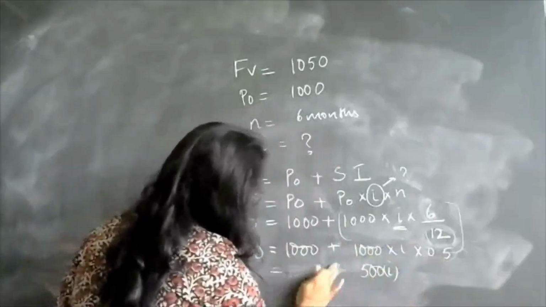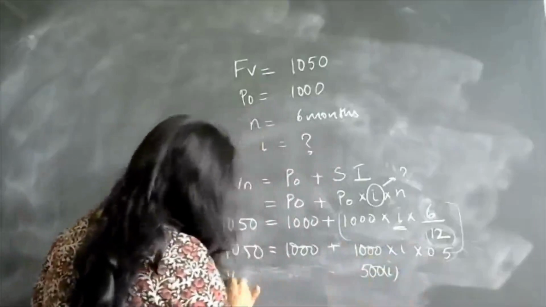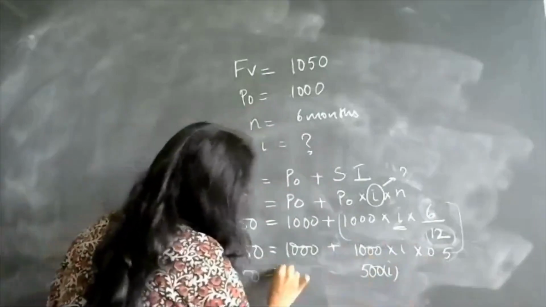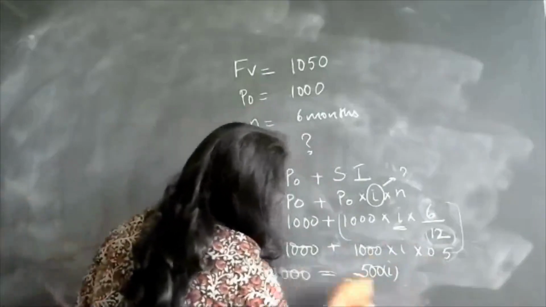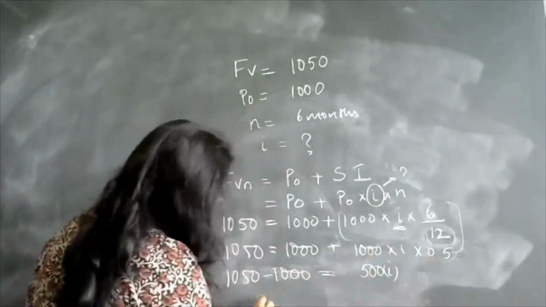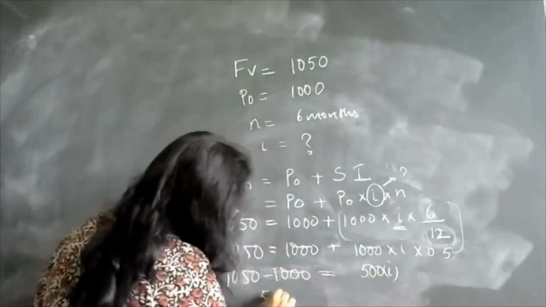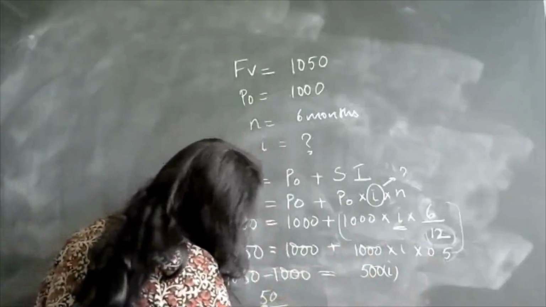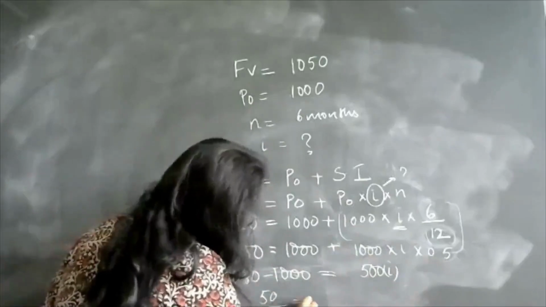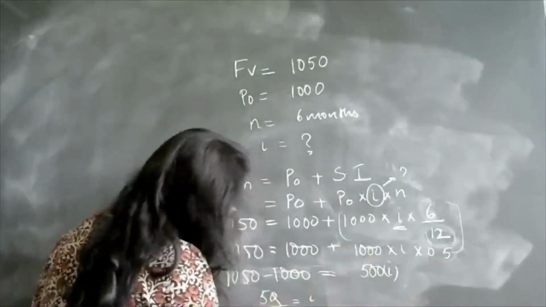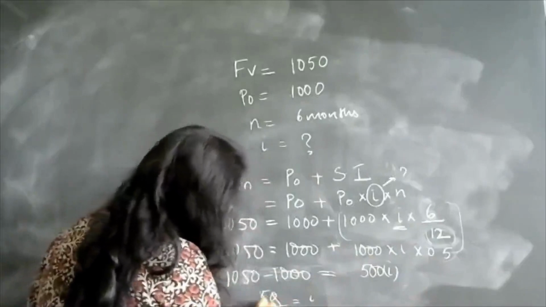Now let us do 1050 minus 1000 equals 500I. So this is going to be 50 divided by 500 is equal to I. This will divide, so 5 comes up.